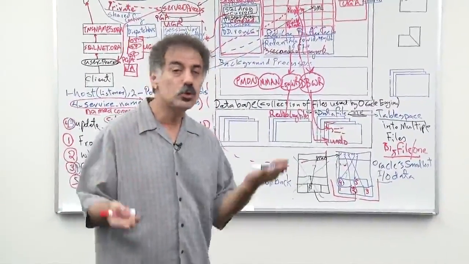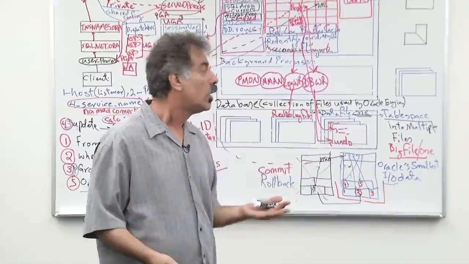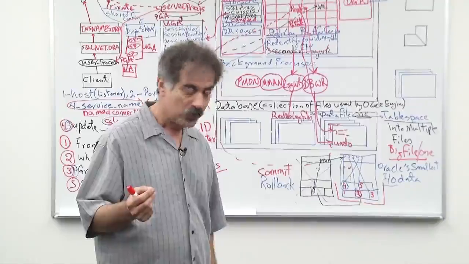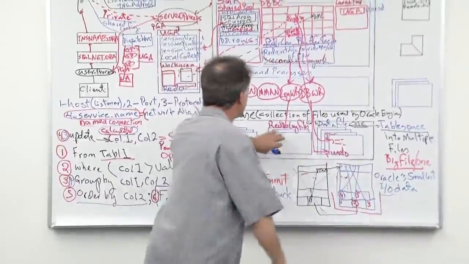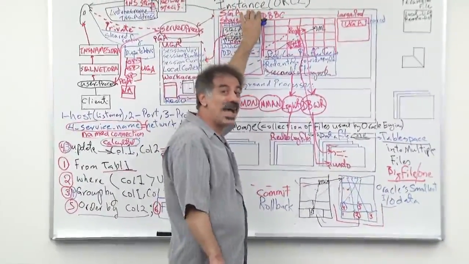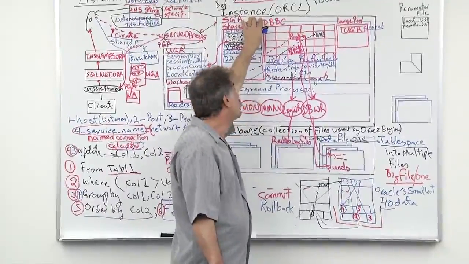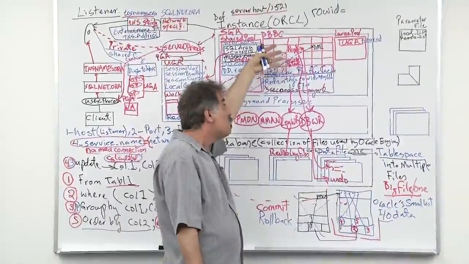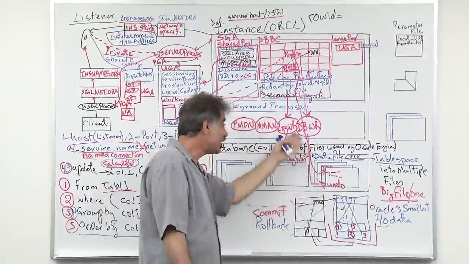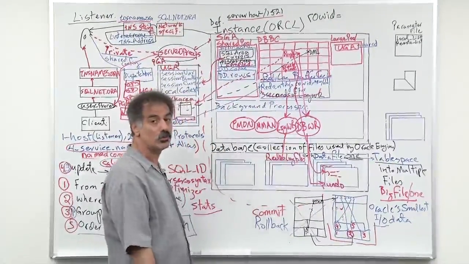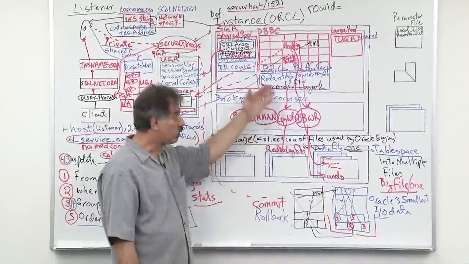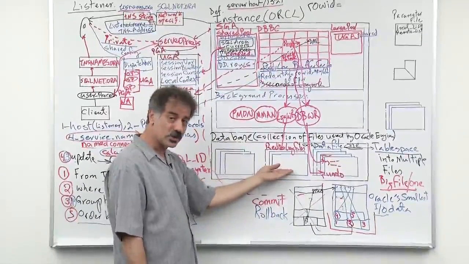So remember, undo and redo are not the same thing. Undo is used for rollbacks. Okay? Redo is used in case of an instance crash, for the recovery of the instance and of the changed blocks that may not have gotten into the disk by the database writer. Everybody follow? As you know, log writer fires first and writes the changes.